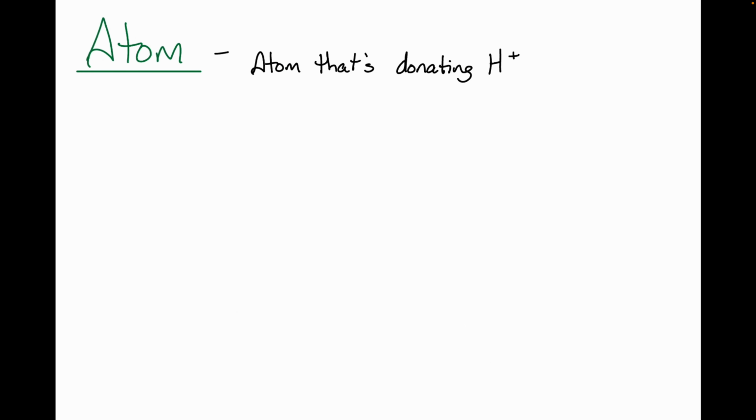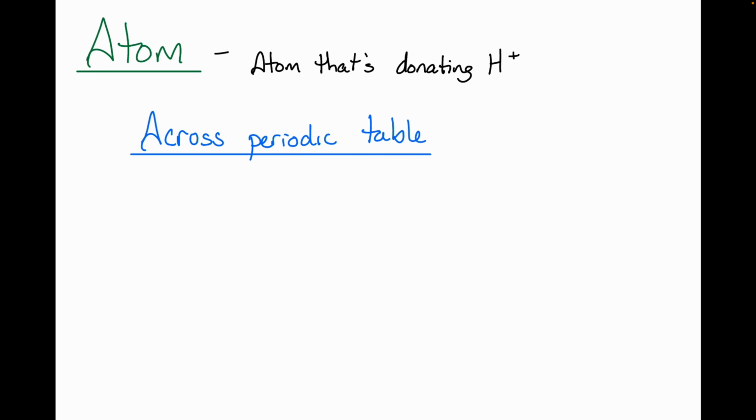All right. If we're going to compare, there's actually two things that we're going to be looking for, depending on whether we're talking about atoms that are in the same row on the periodic table, versus atoms that are in the same column. All right, so across our periodic table, let's look at some acids.